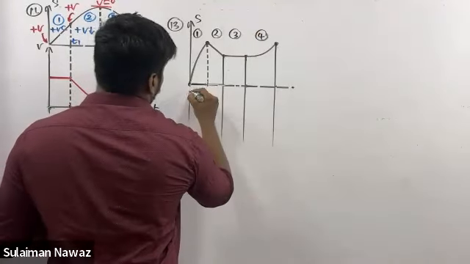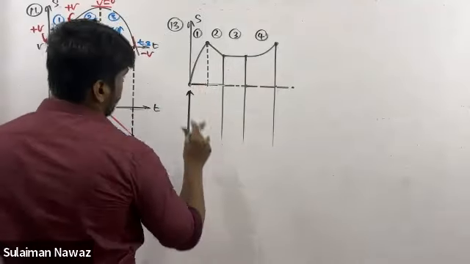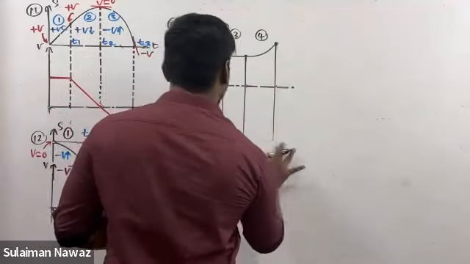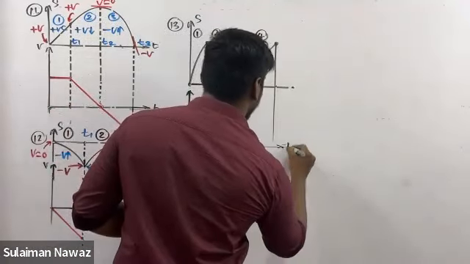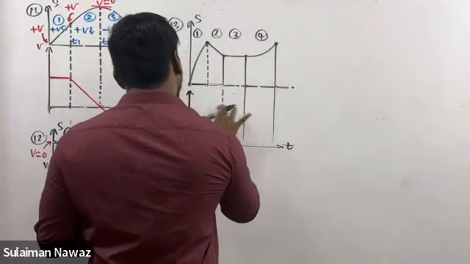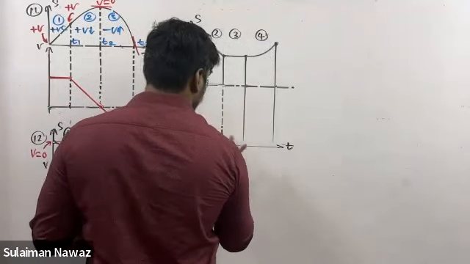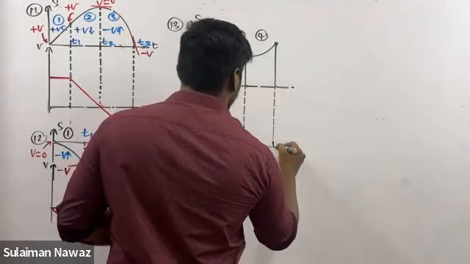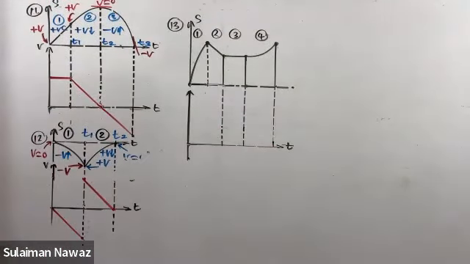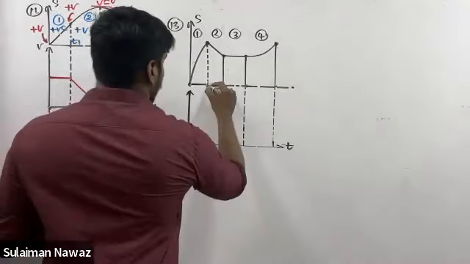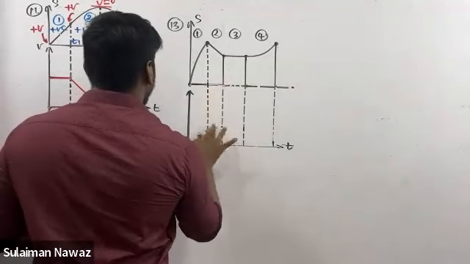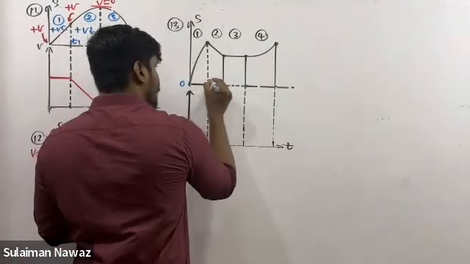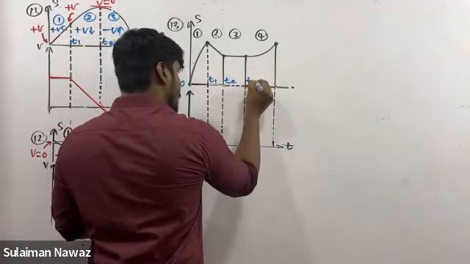If I draw the corresponding VT graph, now again t equals 0, time is 0, this is t1, this is t2, this is t3, this is t4.